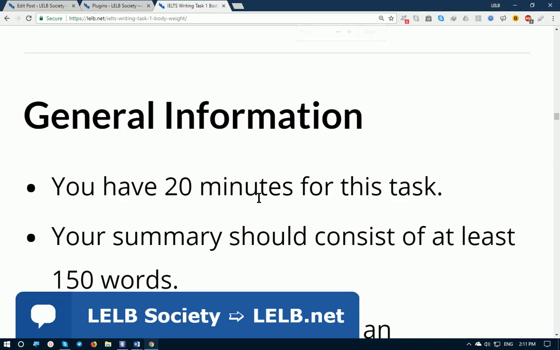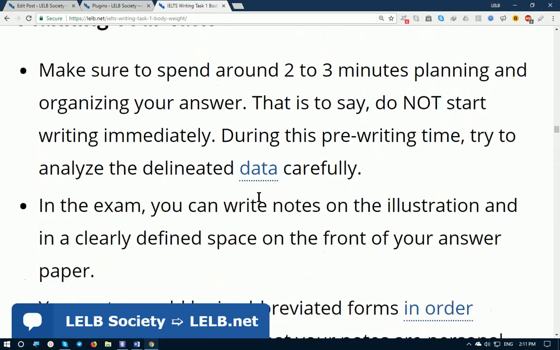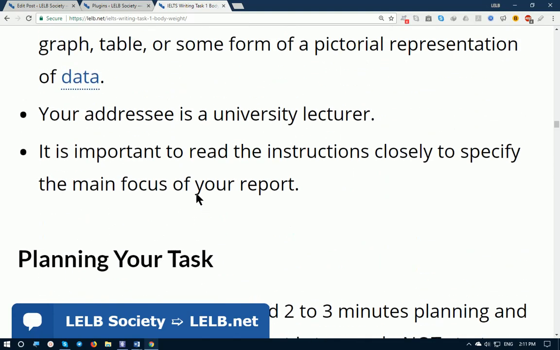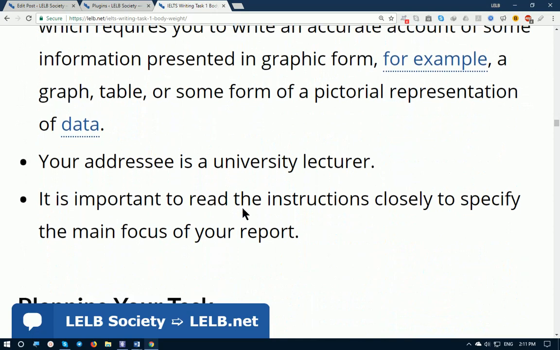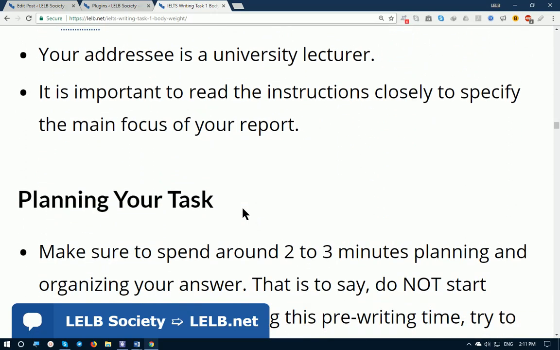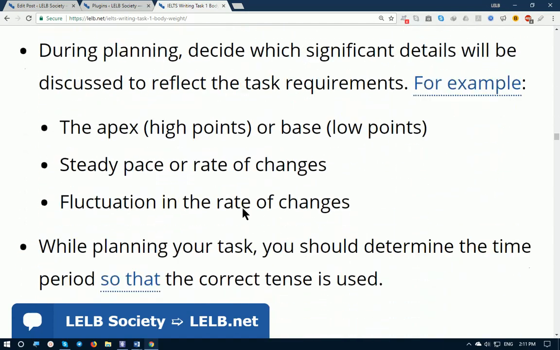And here are some further general guidelines and information about how to develop an IELTS writing task 1. Planning your task.